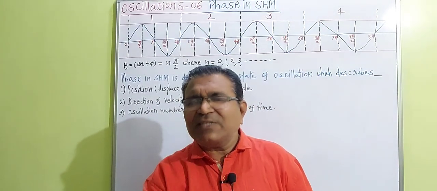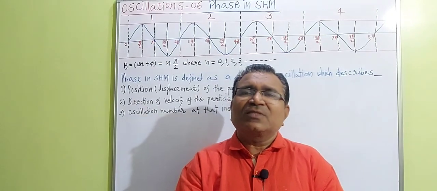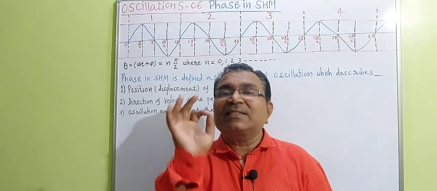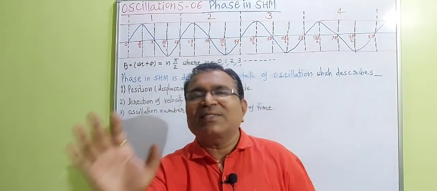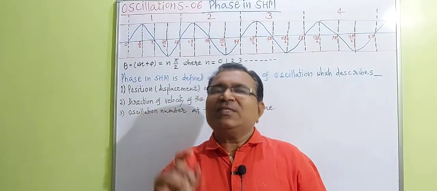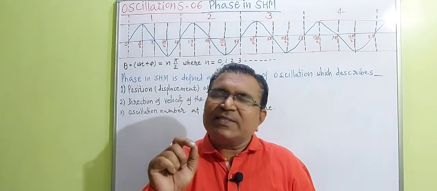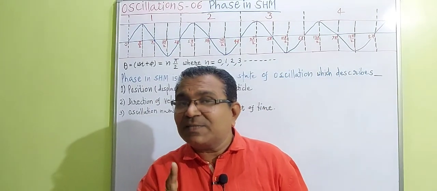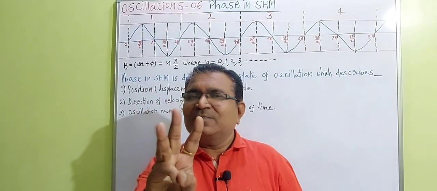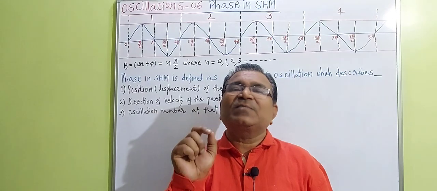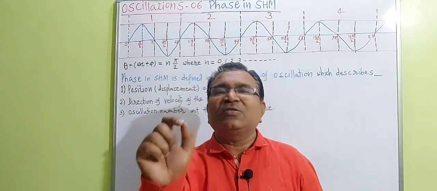So what is actually phase in SHM? Phase in SHM is defined as a state of oscillation. What is the state of oscillation? That state of oscillation describes three factors. Number one, position or displacement of the particle during oscillation.